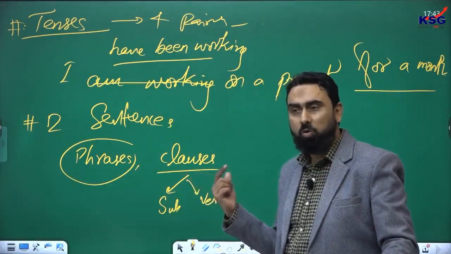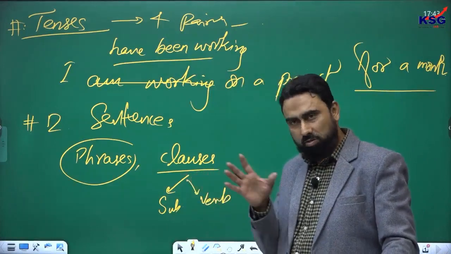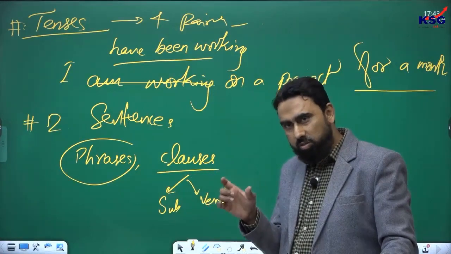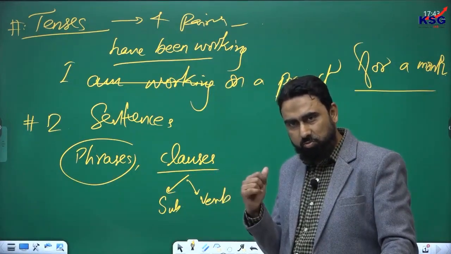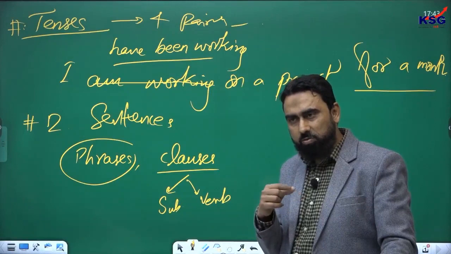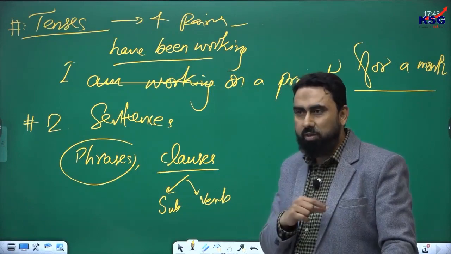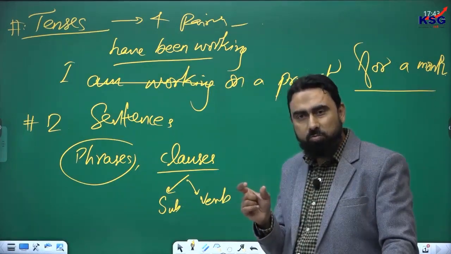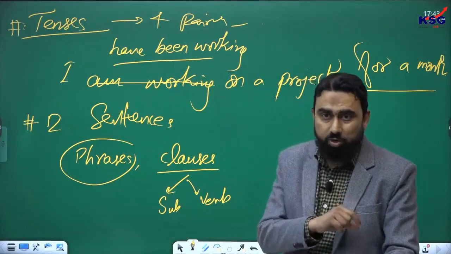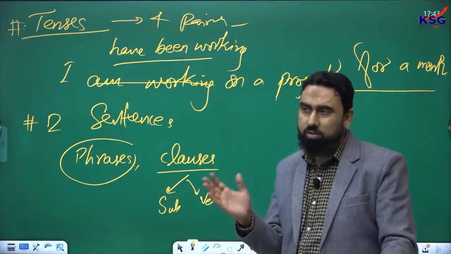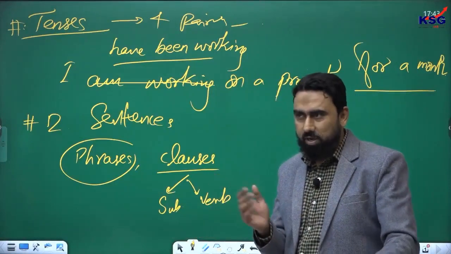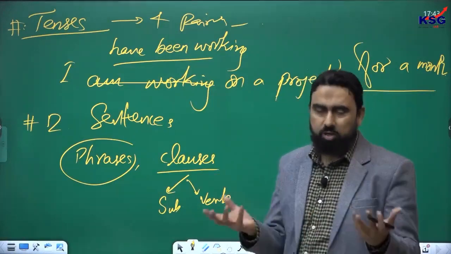Why is it a clause? Because you are saying "this is the person," one clause. In this, "is" is the verb, "this" is the subject. In the second part, when you say "who has been recently appointed," now "who" is the subject and "has been appointed" is the verb. So you have one set of subject and verb, another set of subject and verb. It means it is a clause.